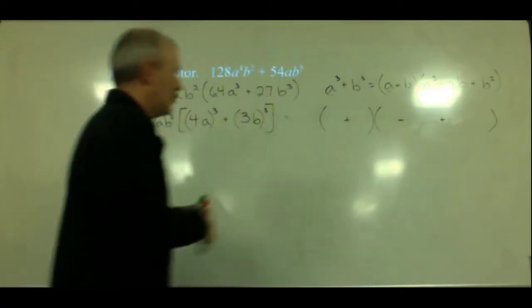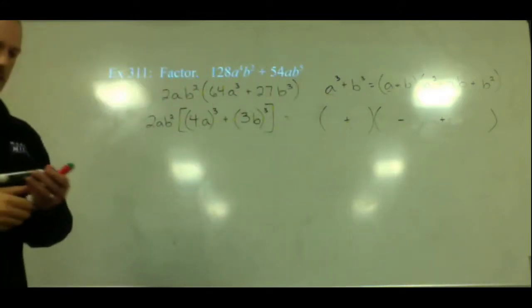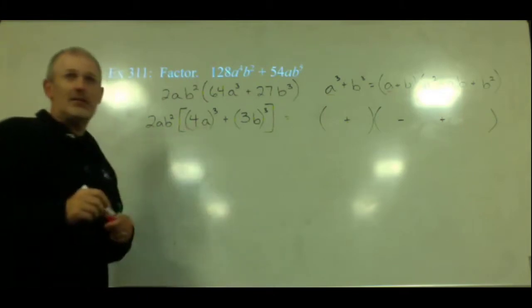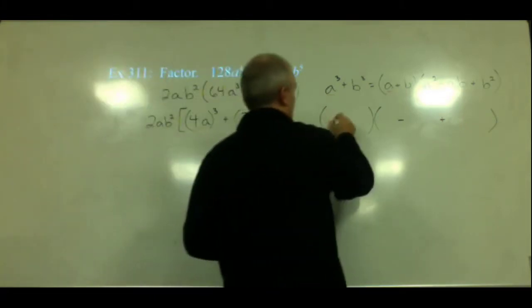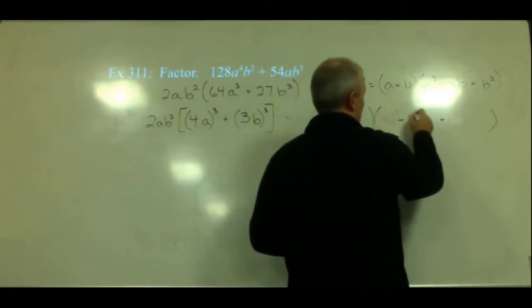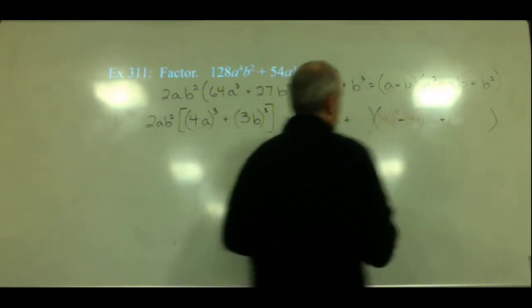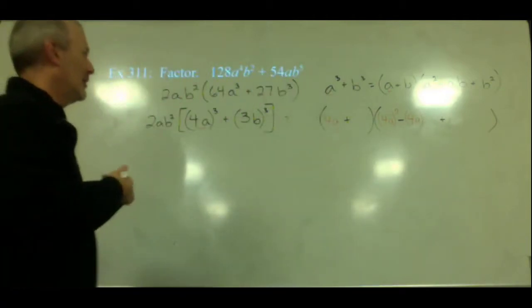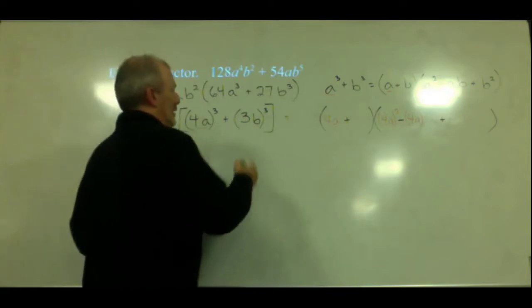All right. So what are we going to replace all the a's with? 4a, right? So 4a squared, and 4a. And what do we replace all the b's with? 3b.